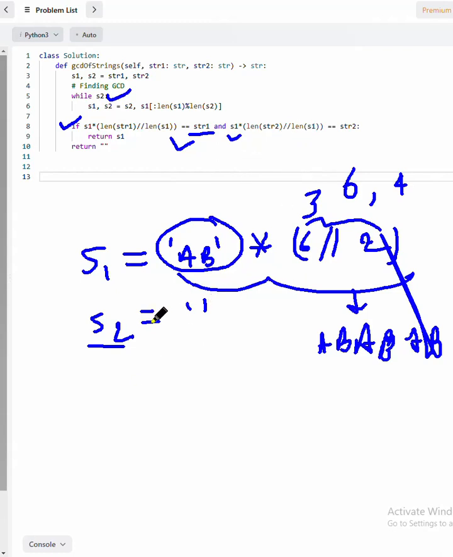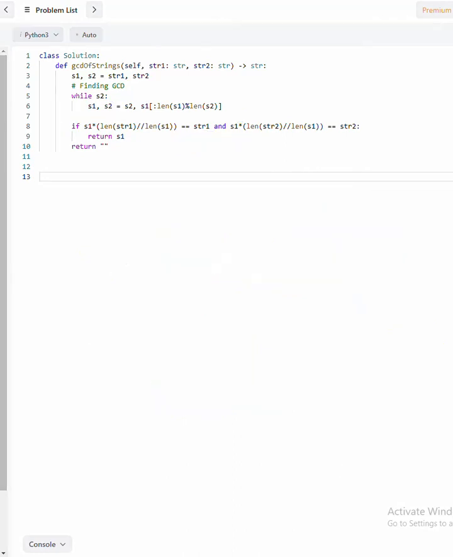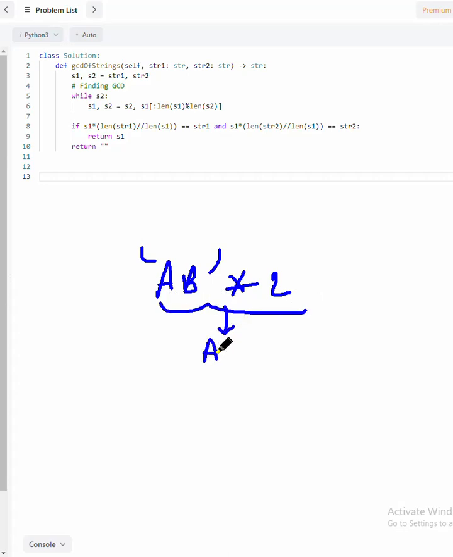So what is S1 here? S1 is AB, into, see this star sign, 4 divided by 2. What will be the output? 2. So AB into 2. What will be the output? AB twice: AB, AB.